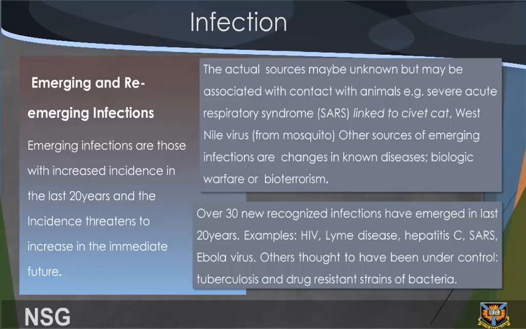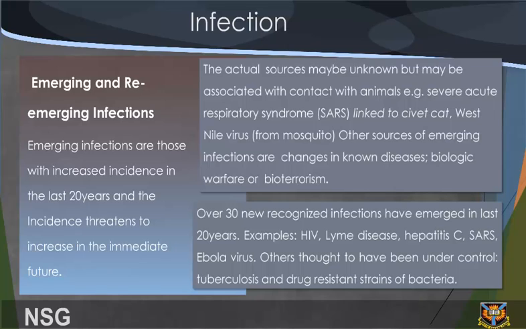Other sources of emerging infections are changes in known diseases, biologic warfare, or bioterrorism. Over 30 new recognized infections have emerged in the last 20 years.